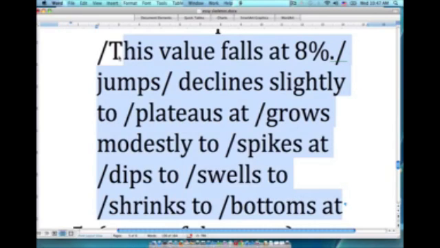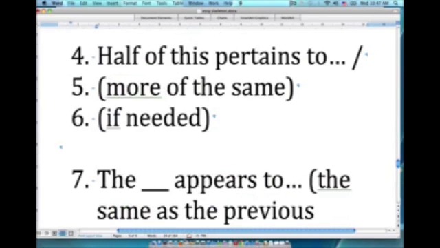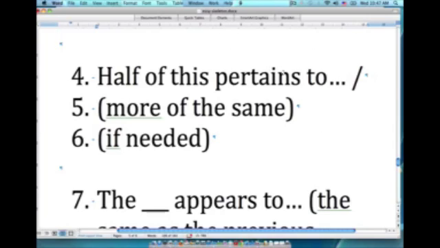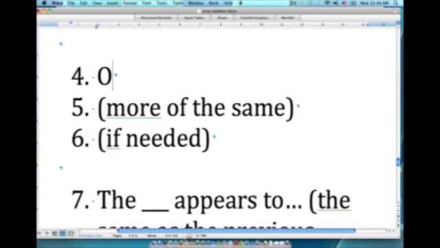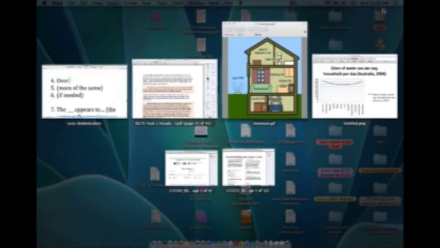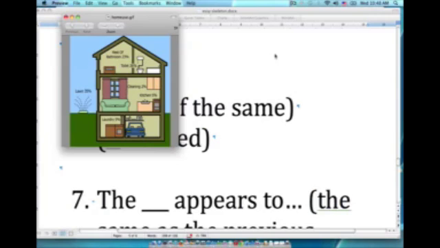Now let's go back to our sentence here, and we were going to write about the bathroom value and how that can be split into two different sections as well. So half of this pertains to, I'm just going to change this a little bit. Let's say over the value for the toilet was 26%, if I'm not mistaken here.